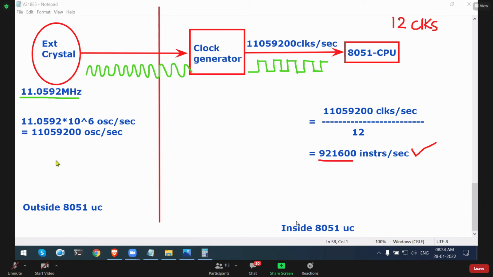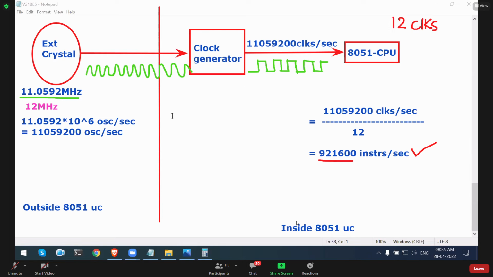Suppose instead of connecting 11.0592 megahertz, I connect a 12 megahertz crystal oscillator, then what will happen? This external crystal will generate 12 megahertz oscillations in 1 second.